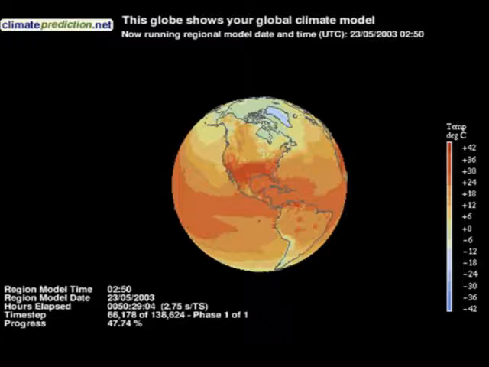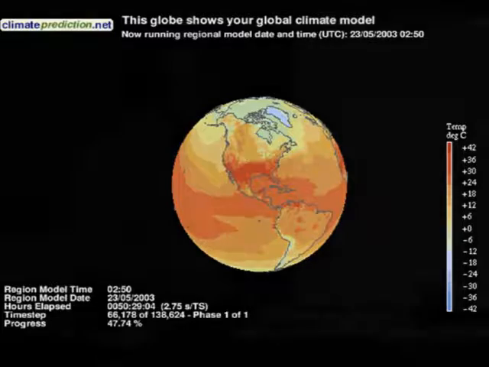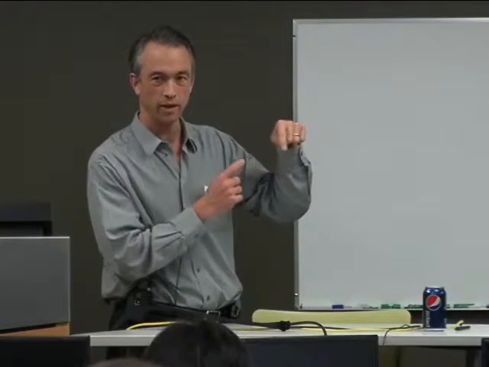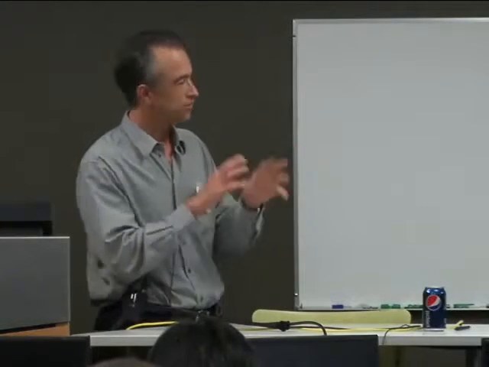This screen shows one of the jobs that ran on my computer. It's a regional model embedded in a global model, and what's shown here is just the surface temperature field from the global model. It's very cute. You can make it so that the globe spins slowly, and you can see the sun heating up the land.